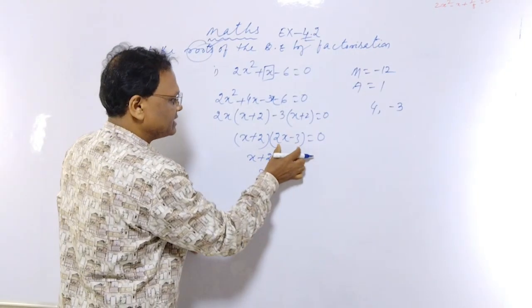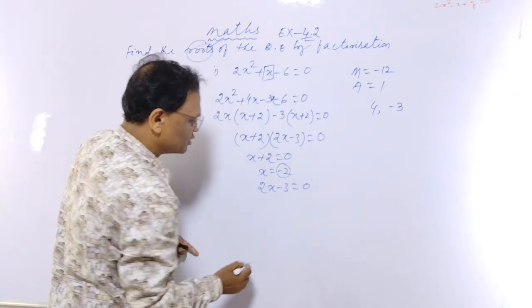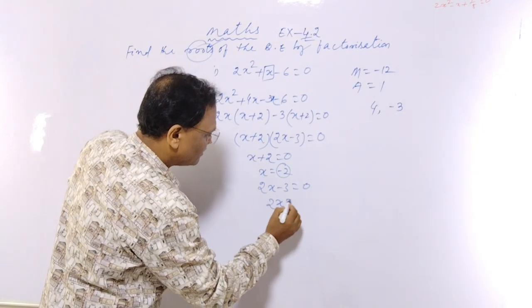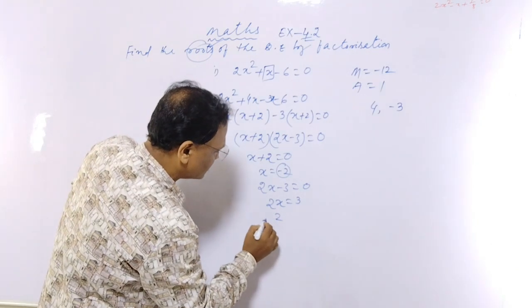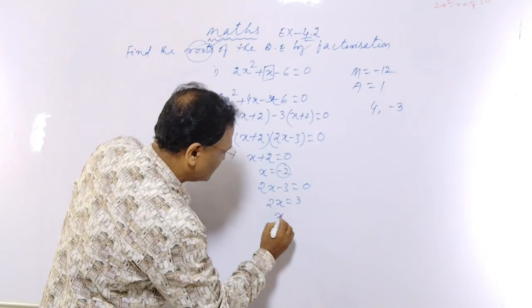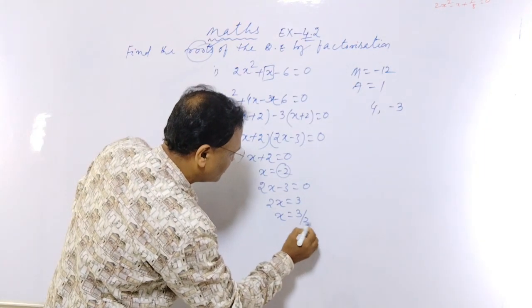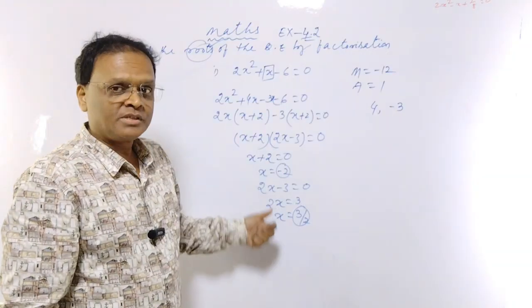Again this is the second factor, so 2x minus 3 equals to 0, or 2x is equal to 3, which becomes x is equal to 3 by 2. This is my second root. So what are the roots of this quadratic equation?